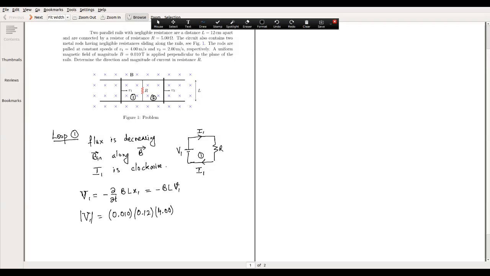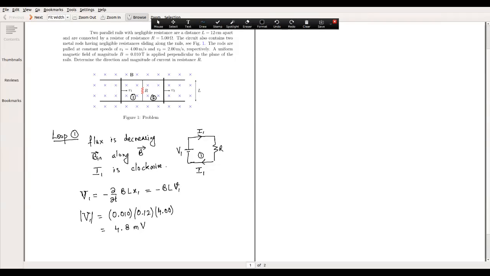And that leads to 4.8 millivolt. That's the voltage V1, and what we are looking for is to determine the direction and magnitude of the current in resistance R. So the resistance R will have a current I1 and I2 coming in.